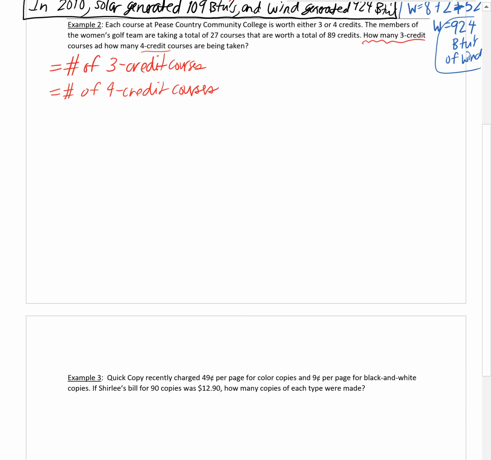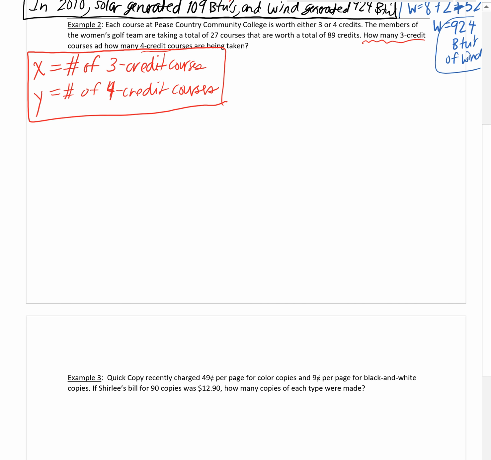I don't know if there are actual letters that I would pick to represent this other than X and Y. I guess you could do T for 3-credit courses and then F for 4. I think I'll just use X and Y. There's not really a clear letter to use for either of them.